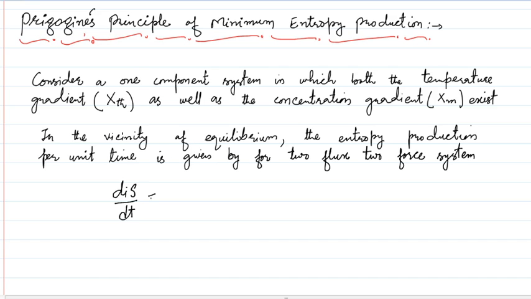If we take into account two fluxes and two forces, then we can write J thermal X thermal plus Jm Xm, it will be greater than or equal to 0.